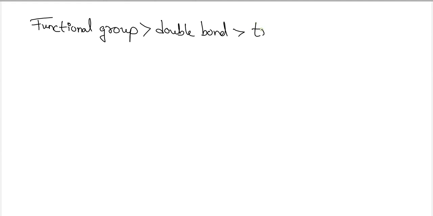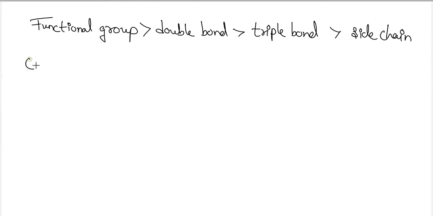Now, if with the functional groups double bonds or triple bonds are also there, then we will use the preference order: the functional group will be given first preference, then the double bond, then the triple bond, and at last the substituents or the side chains will be given the preference. Okay, it means the first preference goes to the functional group, then the double bond, then the triple bond, then the side chain.